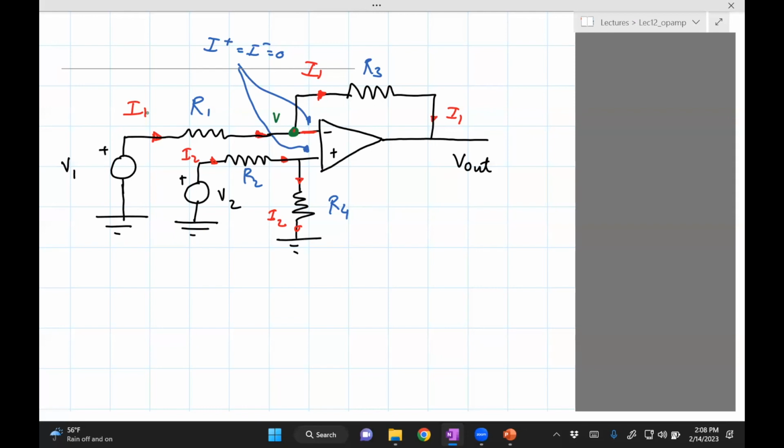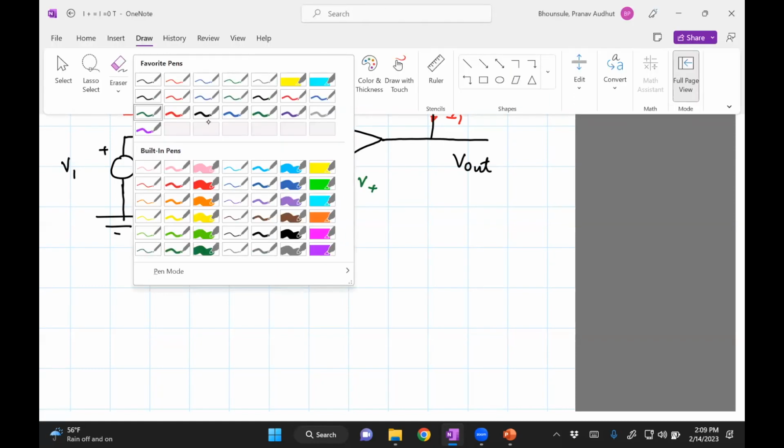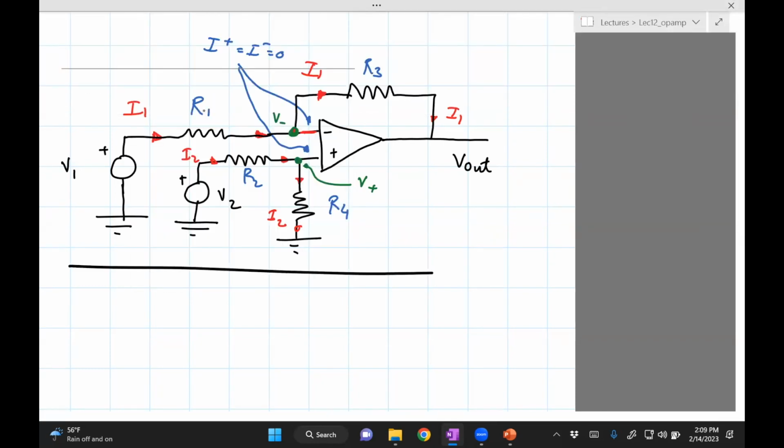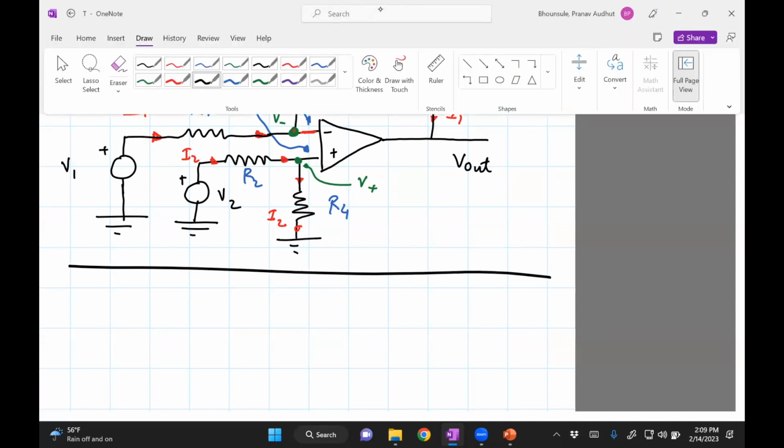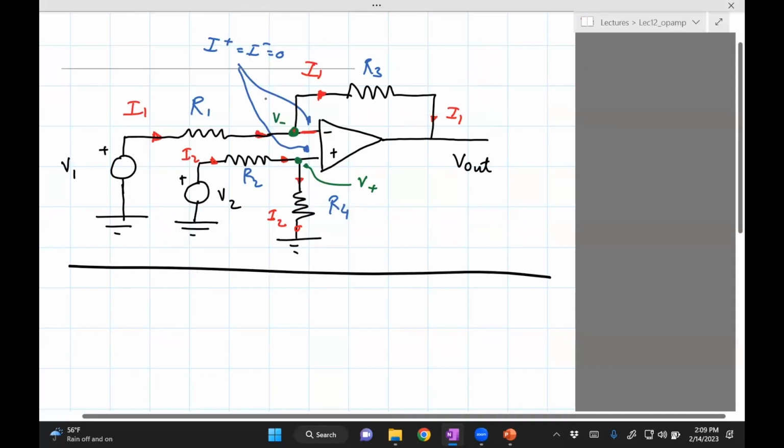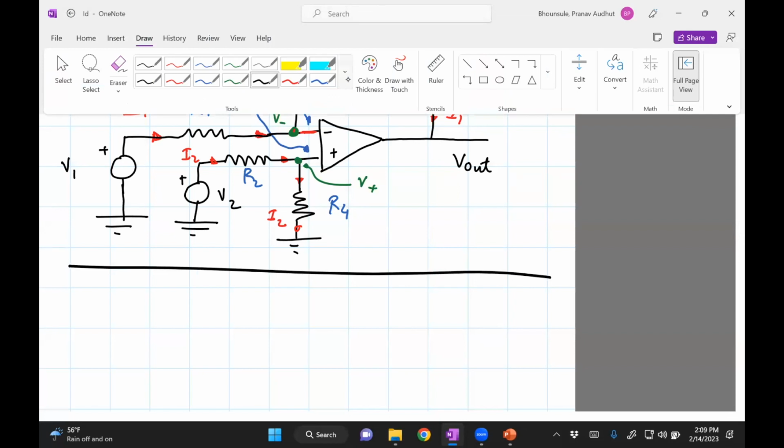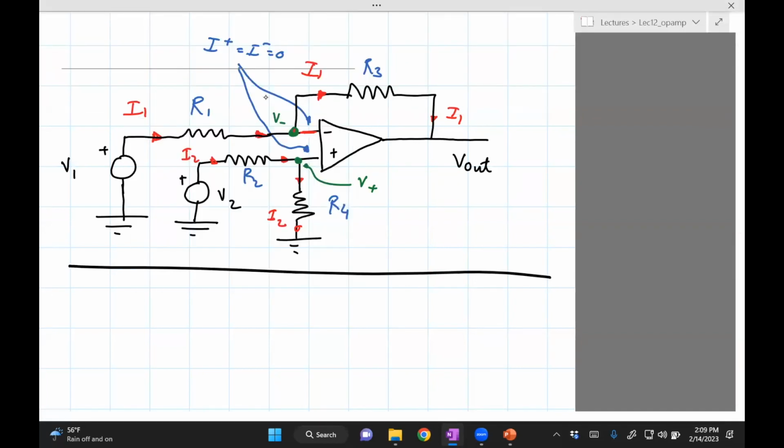This is V minus, and this is V plus. Okay, so I think I'm all set to try to find that functional relation between Vout and V1 and V2.